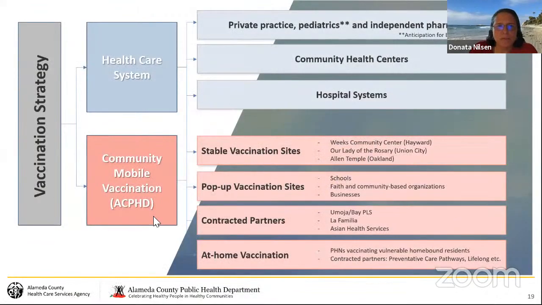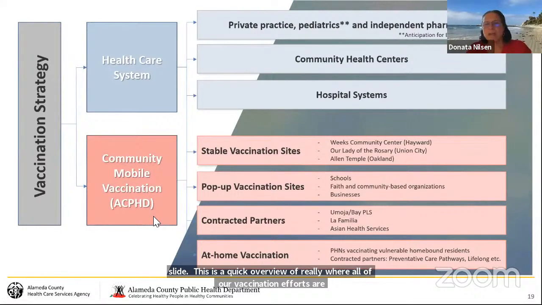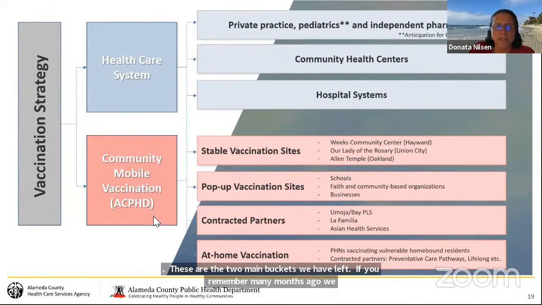This is a quick overview of really where all of our vaccination efforts are. These are the two main buckets that we have left. If you remember, many months ago, we had the mass vaccination. Now we're really focused on our healthcare system, providing much of the vaccine, and our community mobile vaccination efforts through our public health department also carry a bit of that, but it's much lower.